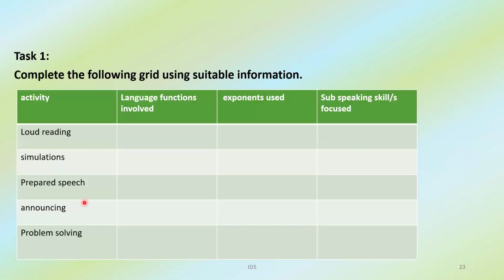Prepared speech, when you make them memorize somebody else's speech, of Martin Luther King or maybe Abraham Lincoln, and deliver it, what can be the language functions that can get related to that? Tone, ma'am.